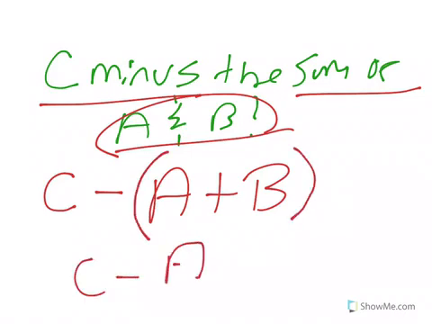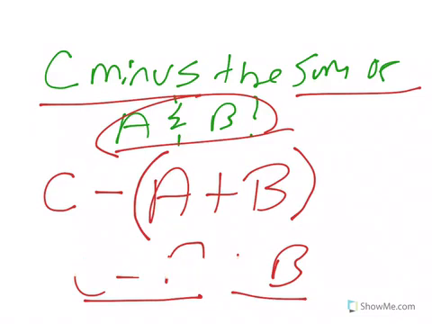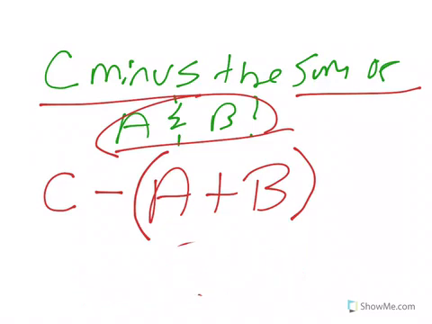Because if you just have c minus a plus b, order of operations, PEMDAS says you do subtraction and then addition. So you'd actually be taking c minus a and then adding b. So that doesn't work. So you have to have the parentheses there, right? Just as an example, if we said a is 1, b is 2, and c is 3, well, if we do it without parentheses, we'd have 3 minus 1 plus 2. 3 minus 1 is 2, plus 2 is 4.